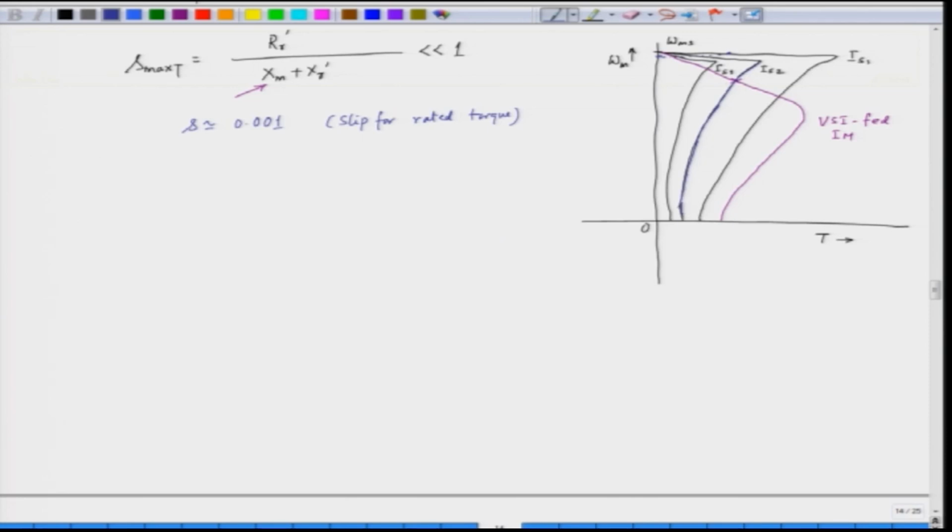So, it means if we want to operate the CSI with constant air gap flux, we have to have a closed loop to stabilize the unstable CSI. So, CSI is never operated under open loop condition. A CSI fed induction motor drive is always operated with a closed loop feedback.